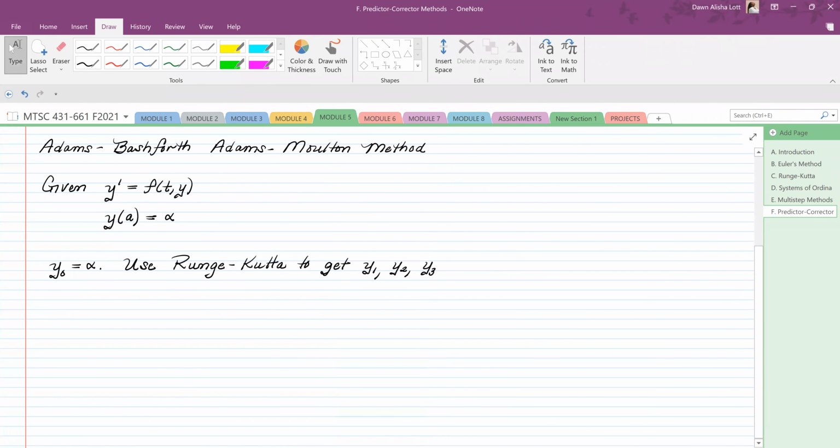So now that we have all of those, we will use the 4th order Adams-Bashforth method to get a predictor.